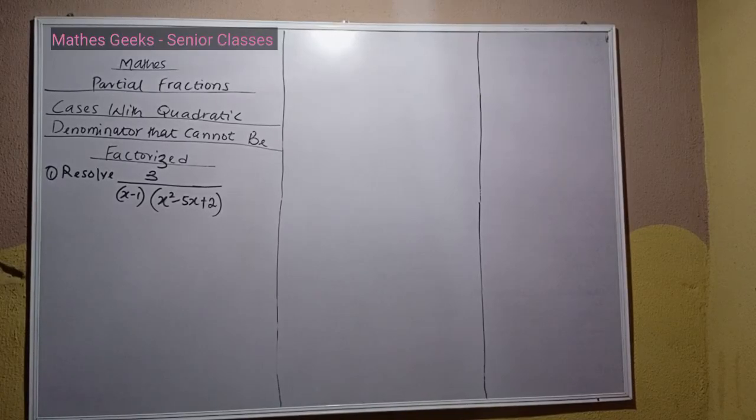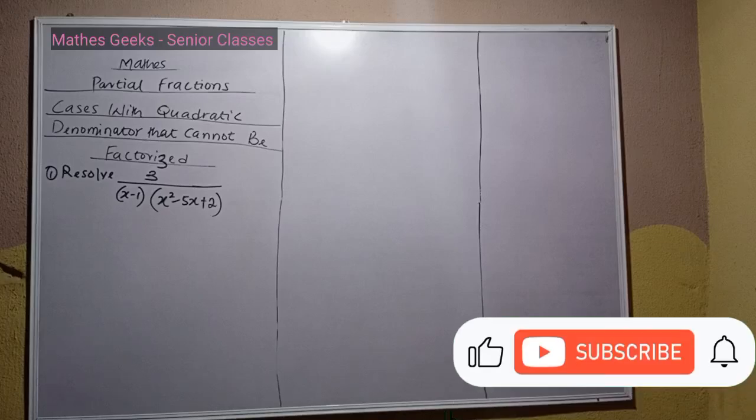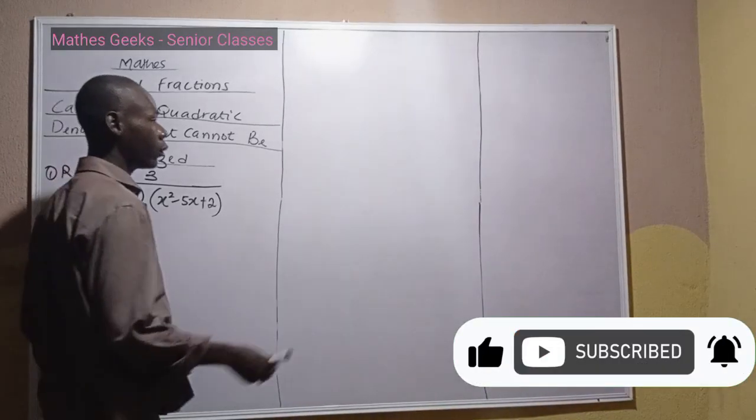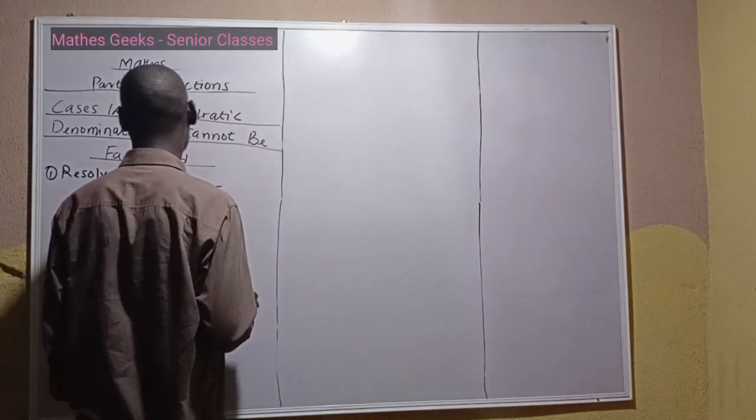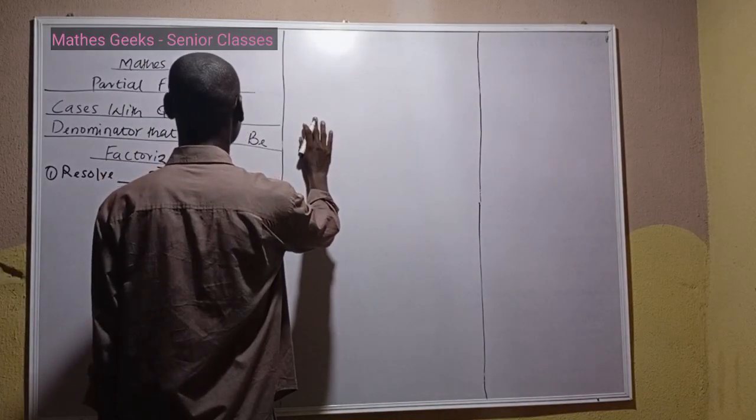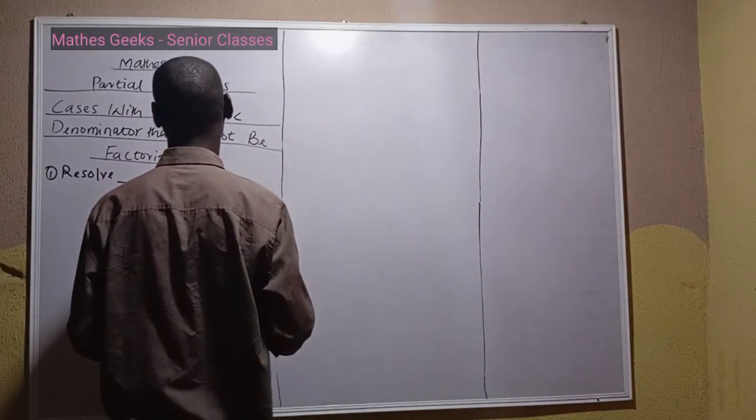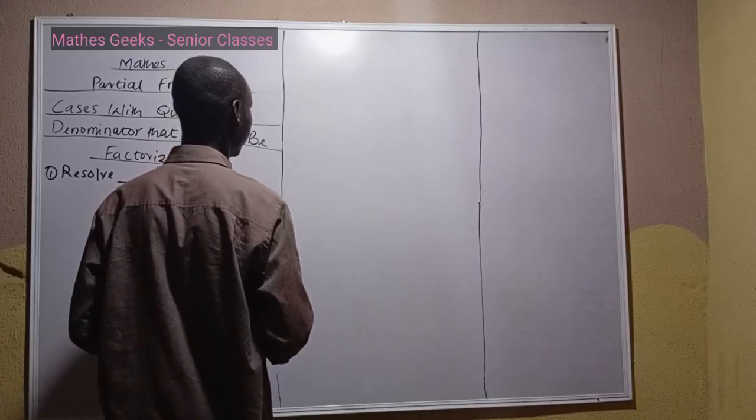Welcome to another video. We're going to look at cases with a quadratic denominator that cannot be factorized. It's a general rule that we have to comply with whenever we want to resolve a fraction that has a quadratic denominator that cannot be factorized.